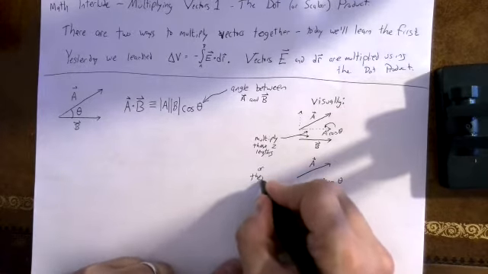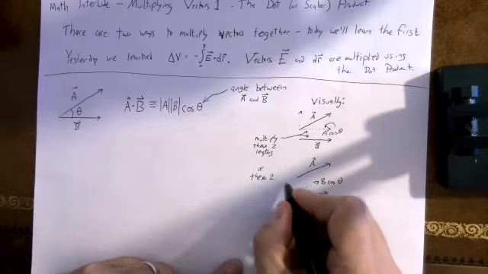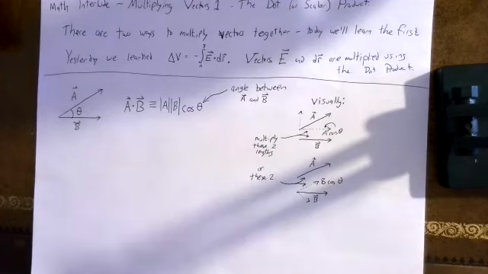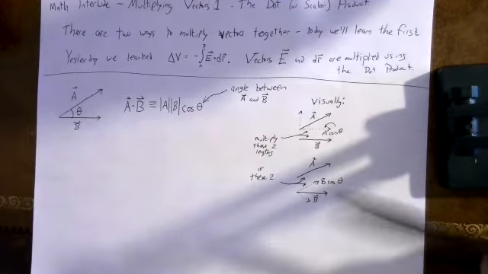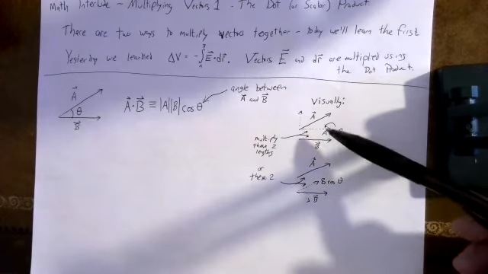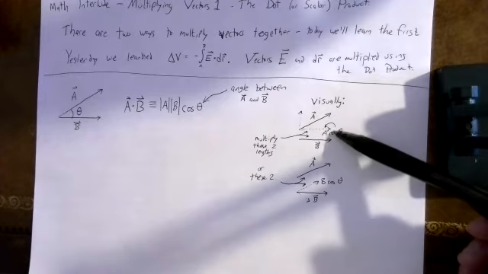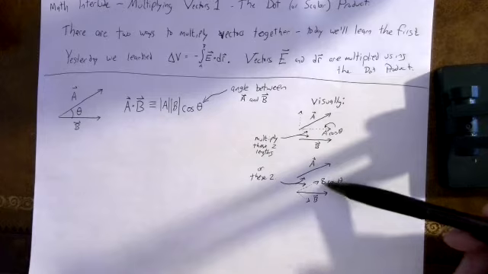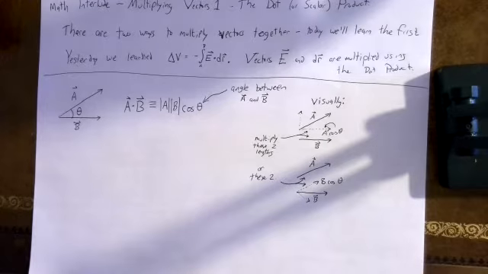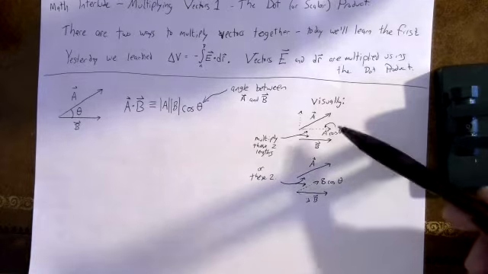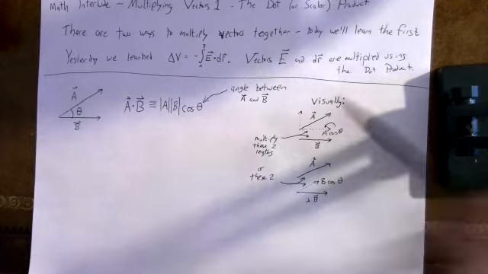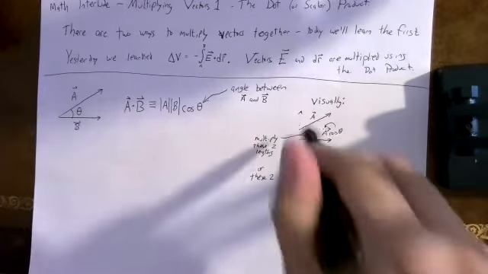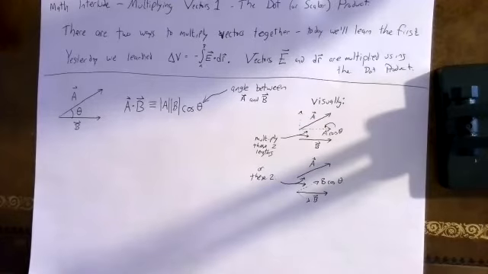So it really doesn't matter if you multiply the magnitude of A cosine theta times B, or the magnitude of A times the magnitude of B cosine theta. You get the same thing either way. It can help to visually understand what you're doing when multiplying vectors together using the dot product. That's why I took the time to draw out these two diagrams.